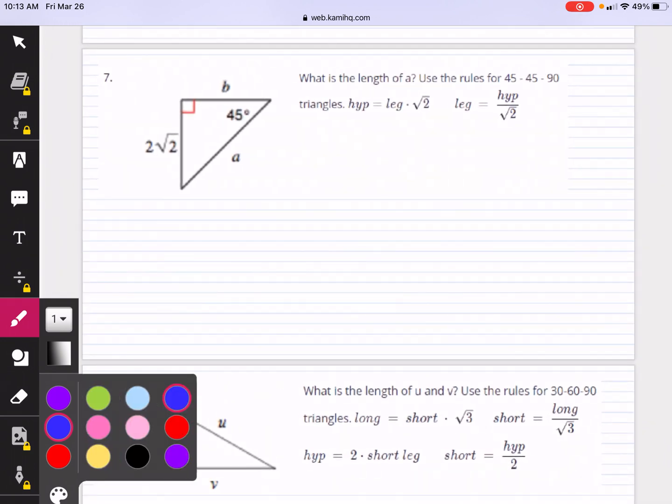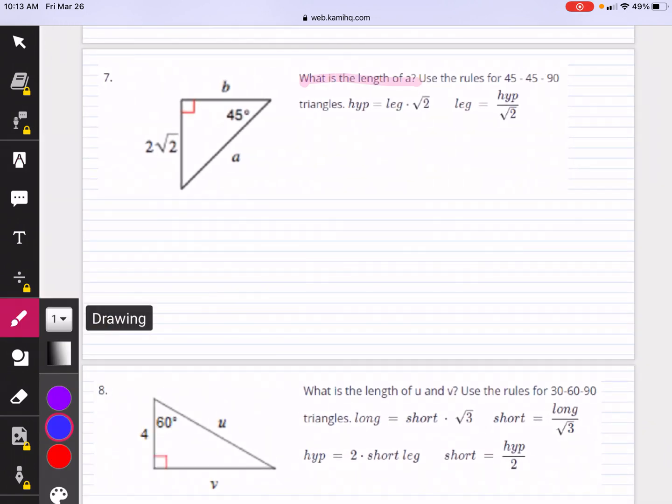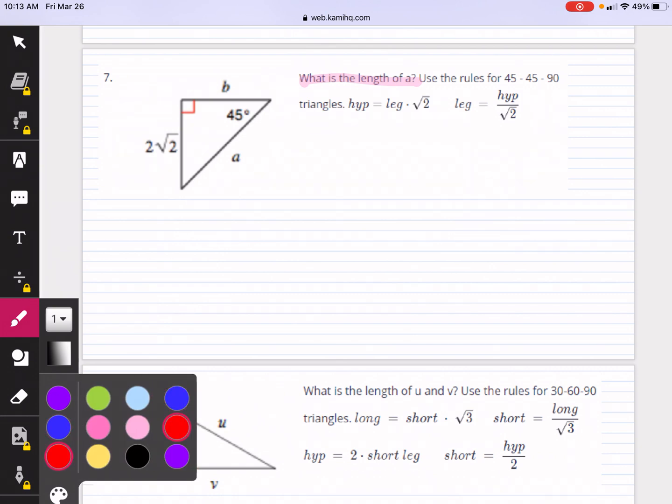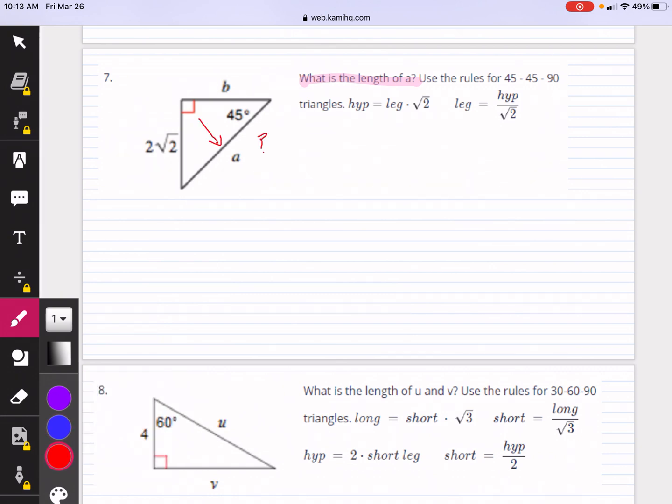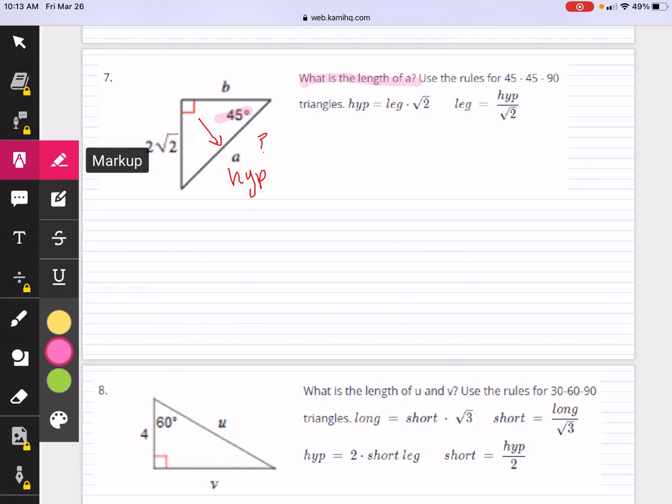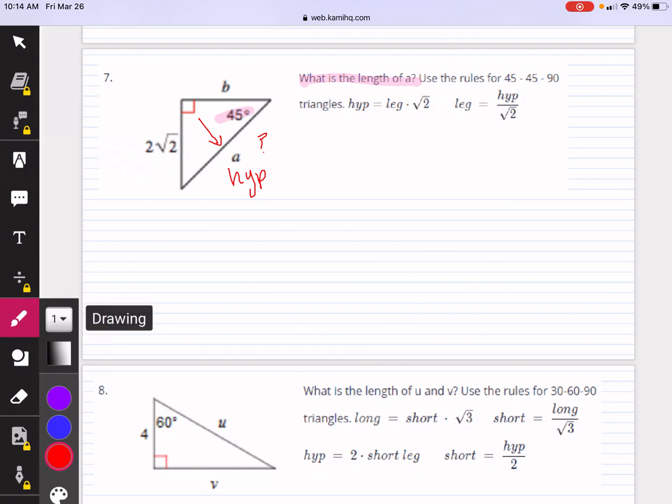On the next problem, we're finding the length of A. So A would be the hypotenuse here. And this one is also a 45, 45, 90 triangle. So we want to know the hypotenuse, and they gave us a leg. So since we want to know the hypotenuse, we're going to use the formula for hypotenuse, which is leg times square root of 2.